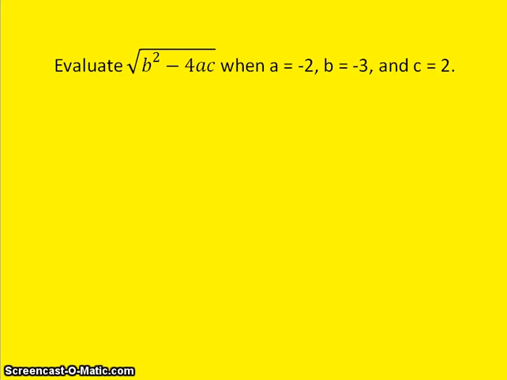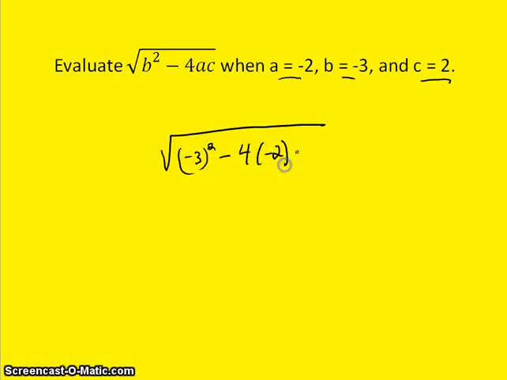So let's do some evaluating again. We have the square root of b squared minus 4ac. We want to know it when a, b, and c are those values. So we're going to plug those in. So b squared, so negative 3 squared minus 4 times a, which is negative 2, times c, which is positive 2. Order of operations, we do powers first. So it's invisible parentheses.